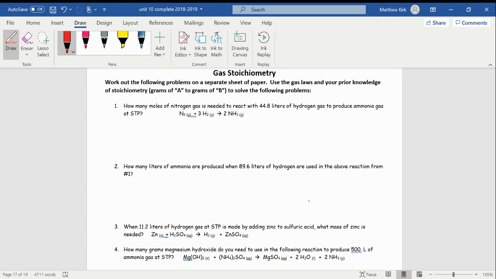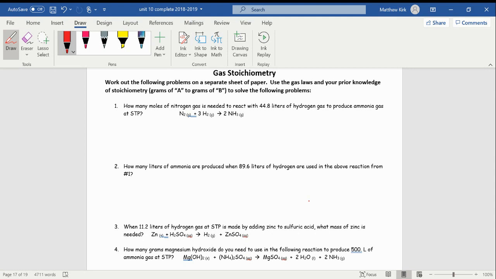So going back a couple of units, remember in stoichiometry, what we are doing is taking a look at a balanced equation. And remember, we're doing a conversion where we're converting from the amount we have of one substance in that reaction to the amount of another.